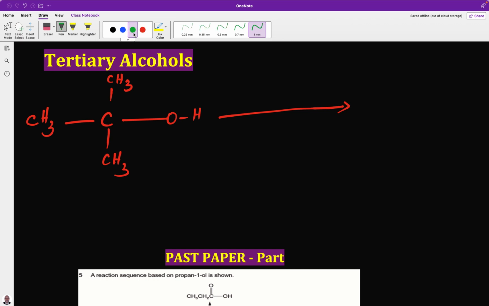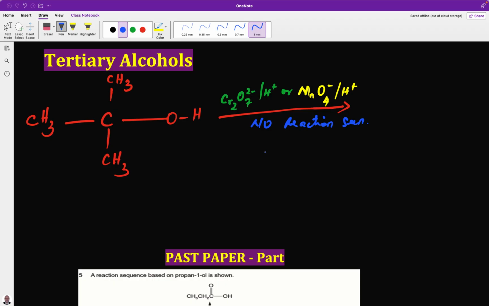Under all the conditions, using acidified potassium dichromate or acidified potassium manganate 7 solution, there will be no reaction. No reaction occurs.